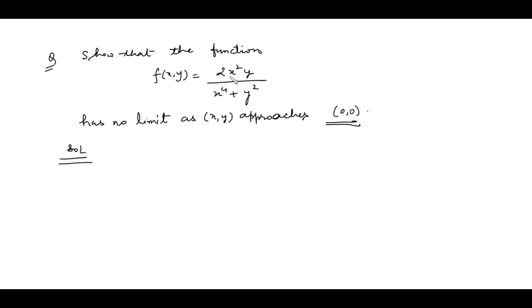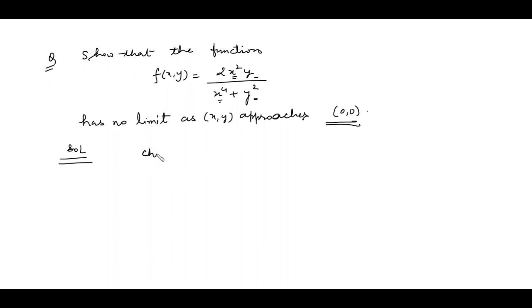Now just see here, you have x square into y. Here you have x to the power 4 plus y square. So if we choose y to be mx square, you will see the degree of x in the numerator is 4 as well as in the denominator is 4. So that will be cancelled out.